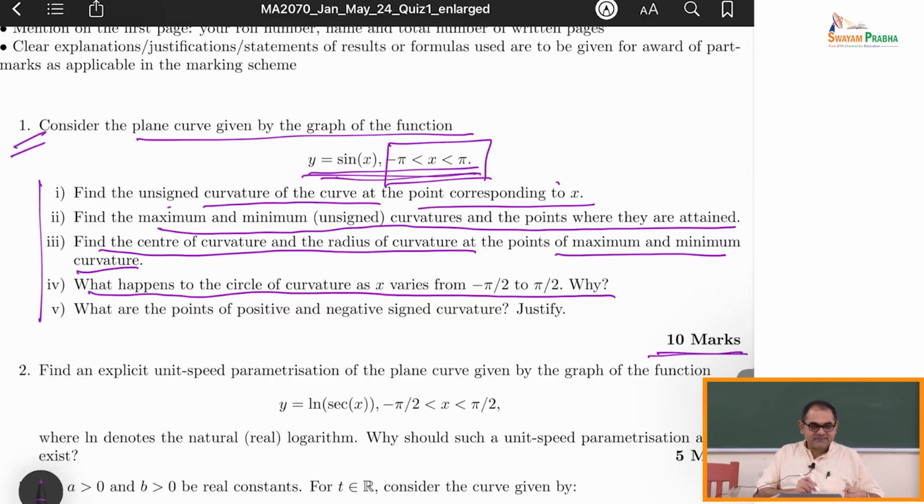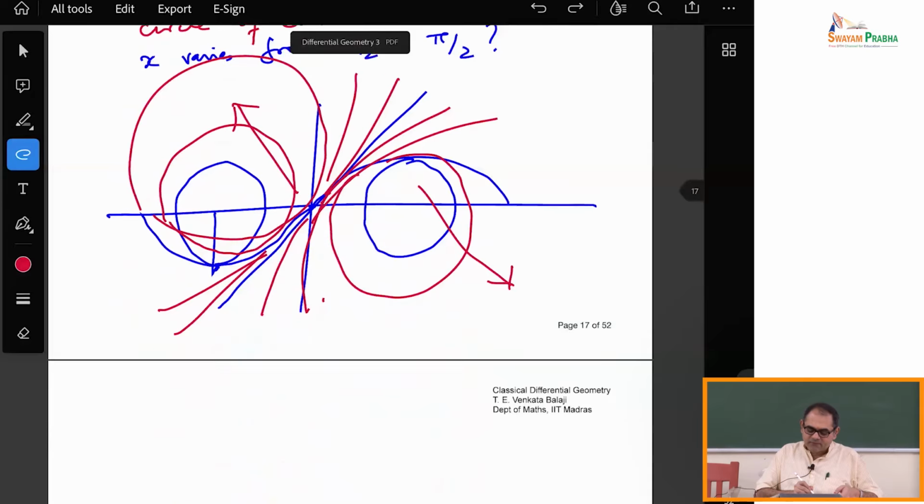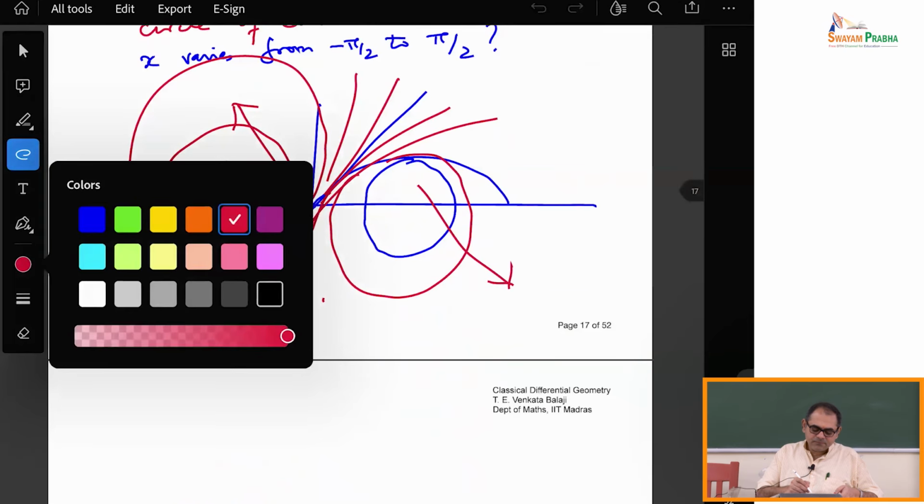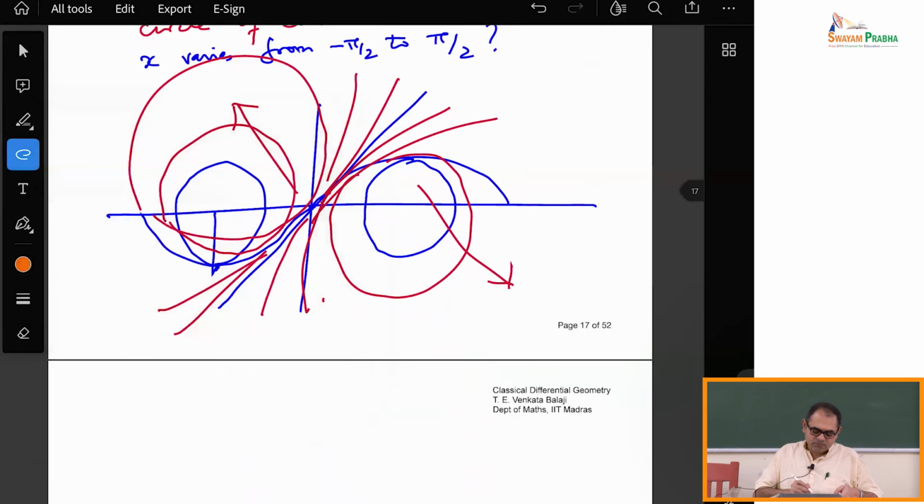It's very important to look at this part, namely what are the points of positive and negative curvature. So here is where you have to worry about something. Remember our, so let me write this: points of positive and negative curvature.